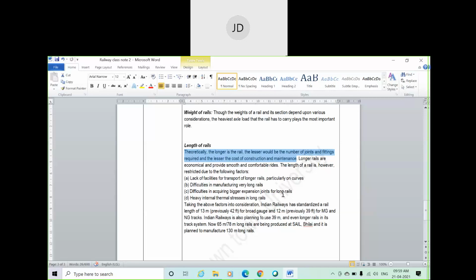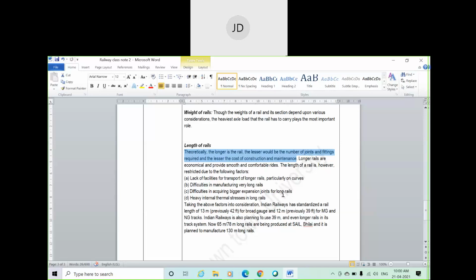But taking the above factors into consideration, Indian Railway has standardized a rail length of 13 meter, which was previously 42 feet. That is actually near about 12 meter for broad gauge. For meter gauge or narrow gauge, it is different. We are not discussing gauge right now.